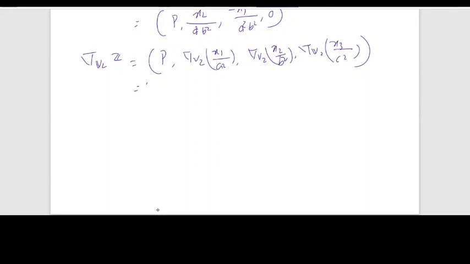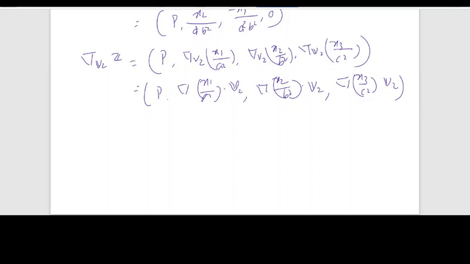So that is equal to p (del x1 by a square into v2, del x2 by b square v2, del x3 by c square v2).